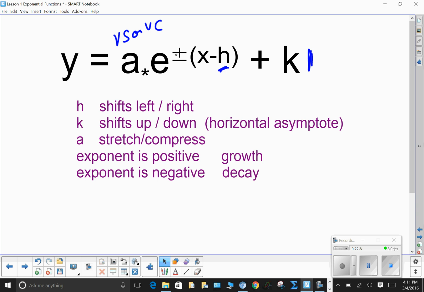This plus minus is reflect over the y, and then a plus minus out front here. This is your reflection over the x. If the exponent is positive, you have growth. If the exponent is negative, you have decay. The general shape of the graph, there's exponential growth. Exponential decay is going to come down and then level out.